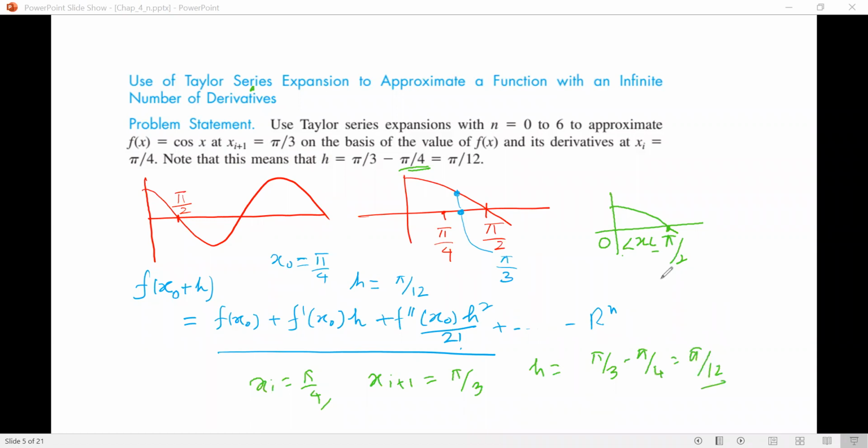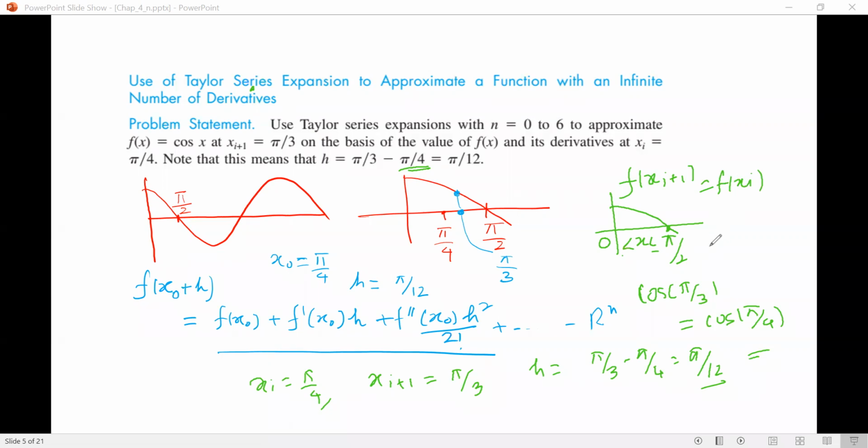Then your zeroth order approximation is, say, cosine pi by 3 would be equal to cosine pi by 4. That means your f of xi plus 1 is equal to f of xi. Okay, then you calculate your error.